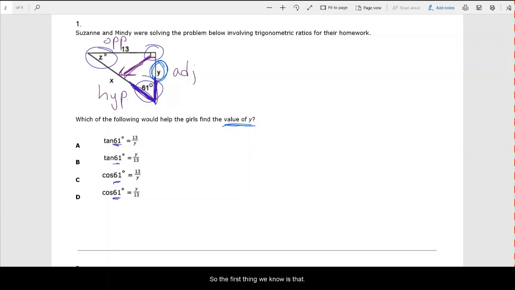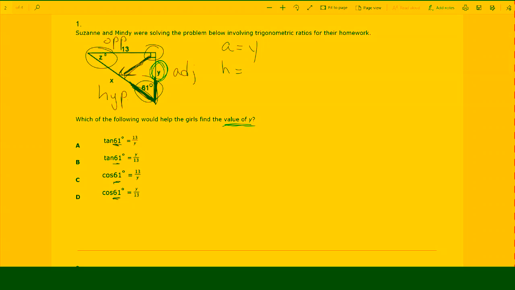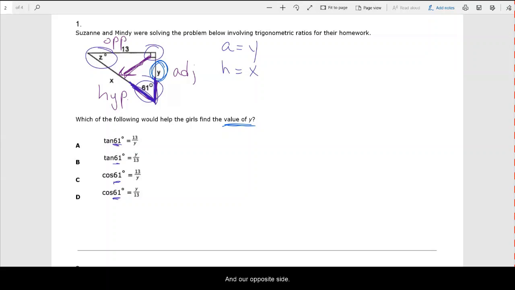So the first thing we know is that our adjacent side is y, our hypotenuse is x, and our opposite side is 13. All right, and that's in relation to the 61-degree angle here. Don't forget that. We have information for the opposite side, and we're solving for y, which is the adjacent side.